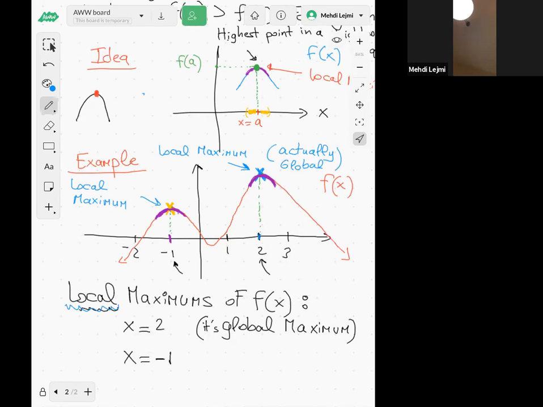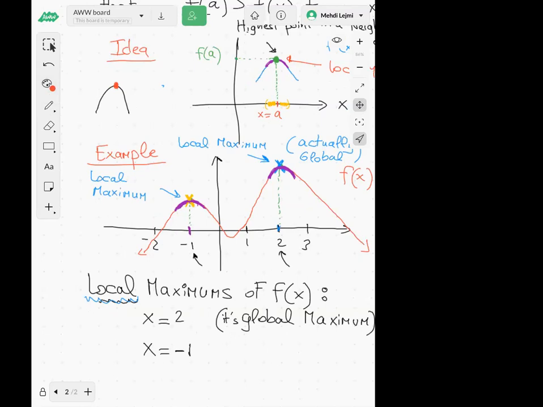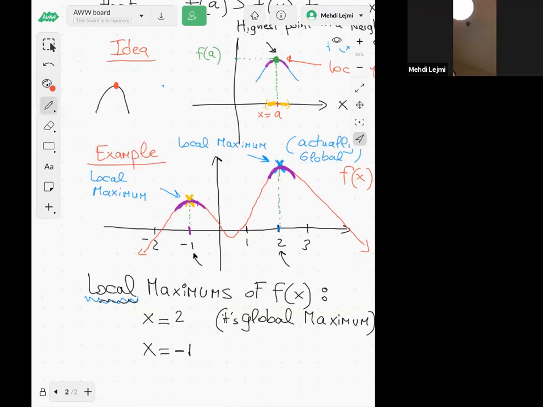So the idea is, a local maximum is like the highest point, but local. So it's the highest point in a small neighborhood of a point.